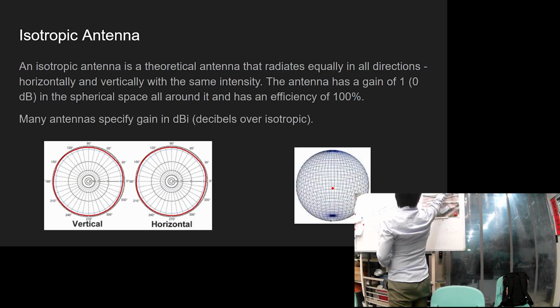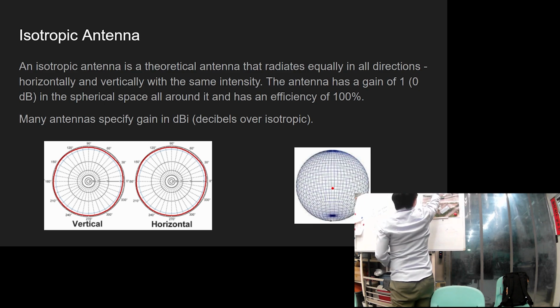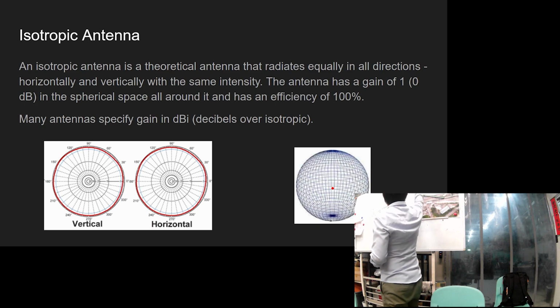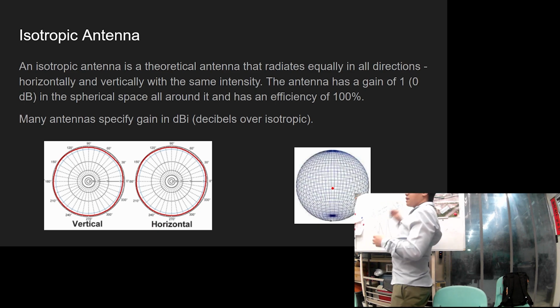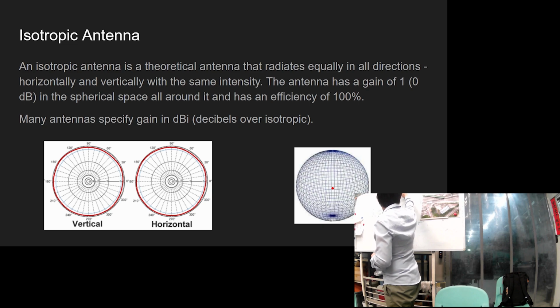Okay. So first of all, I will talk about the isotropic antenna. Still remember the term dBi? Decibel. We talk about decibel, dB, right? And in dB, we sometimes refer to it as dBd, which is for the dipole antenna, and dBi, which is for the isotropic antenna.